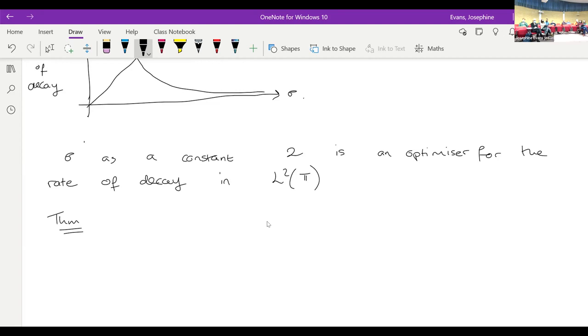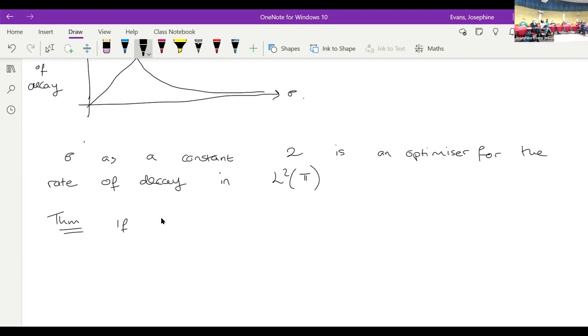So we expect it's the same for any strong norm. Maybe for Wasserstein it's different, I don't know, probably not. I'm not sure that if you take a really weak norm, it's not going to be different.